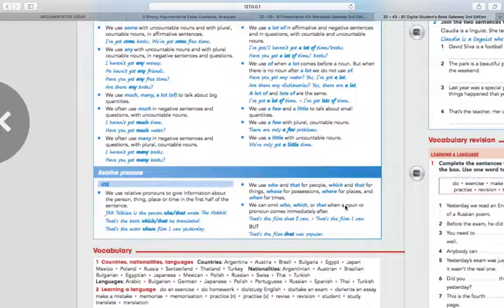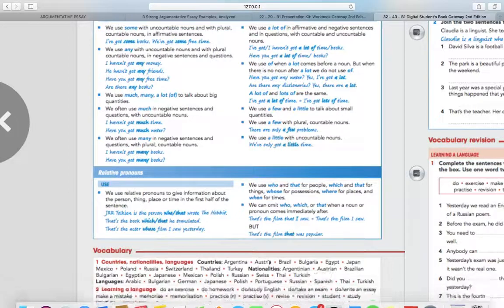If I want to talk about people, who or that, or things, which and that, or possessions. Possessions means having something. It can be a person or it can be an object, but you have to put stress on possessions, to have got or to have something. Or places, where, or times, when.